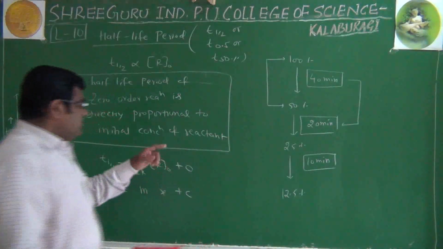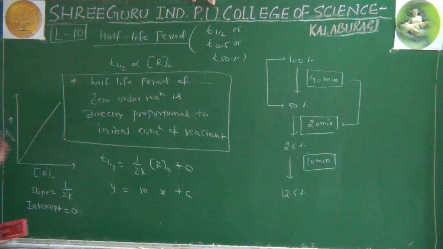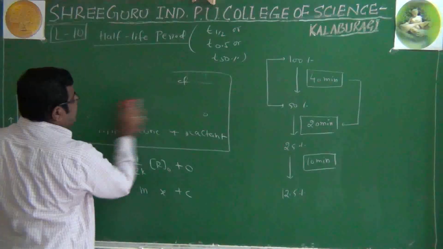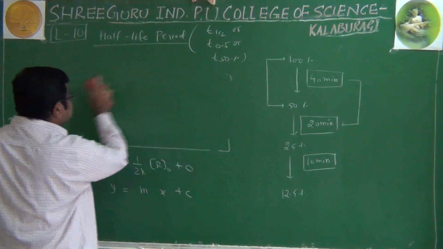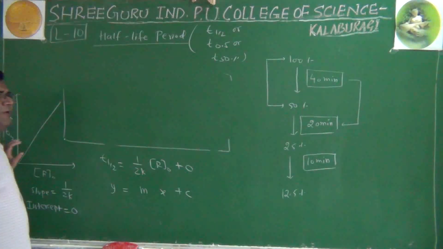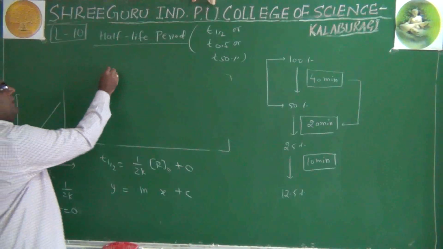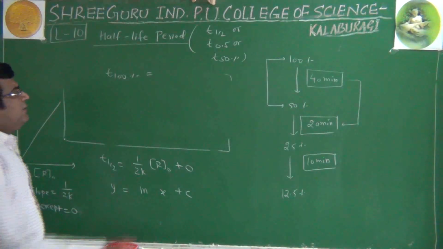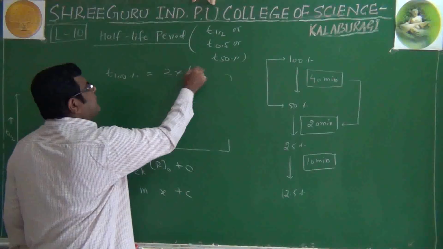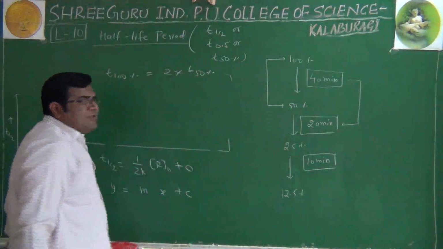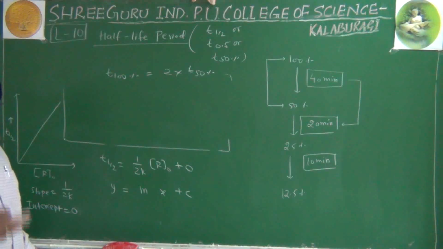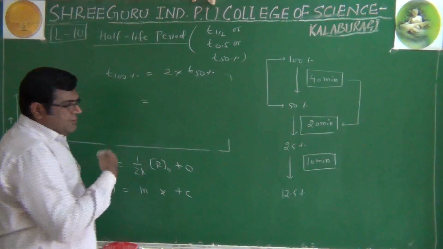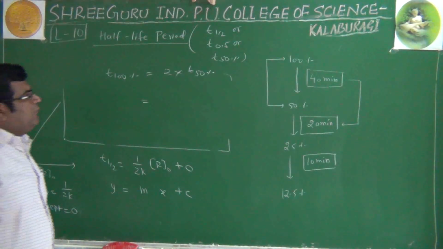Now, this is one important part, and this graphical part we have seen. Now, what is the time required for 100% completion? If we say T 100%, we can say it is 2 times T 50%. Because 50% is half completed, and at 100% the reactant has completely disappeared and product has been formed.